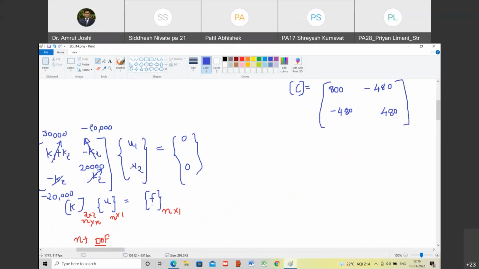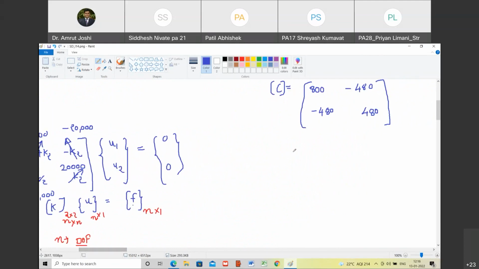So Abid, we are going to do one exercise. Can you also tell me what is the K matrix here? So let us also write down the K matrix. K matrix is minus 20,000, minus 20,000. Then this is plus 20,000, and this is 30,000.